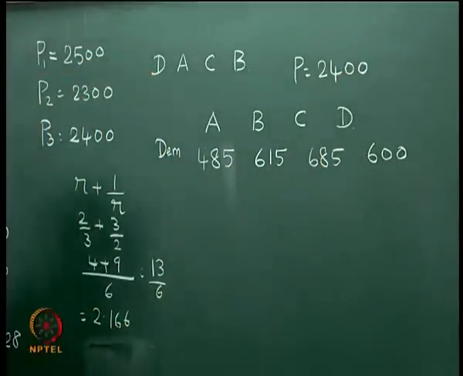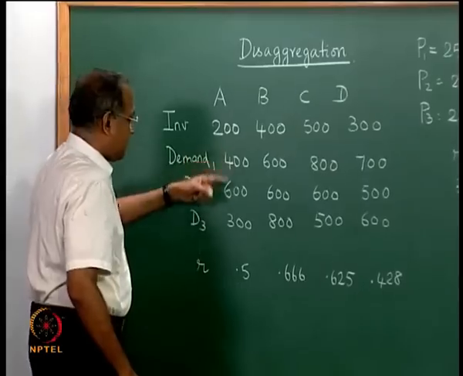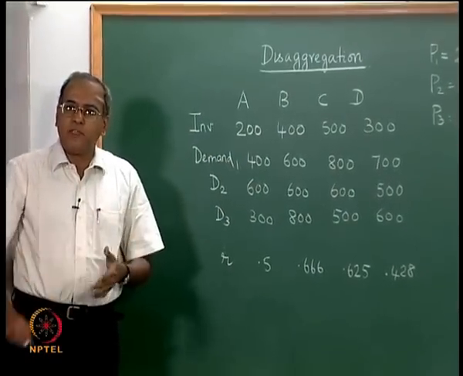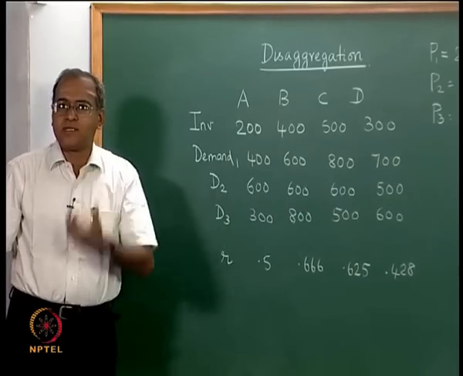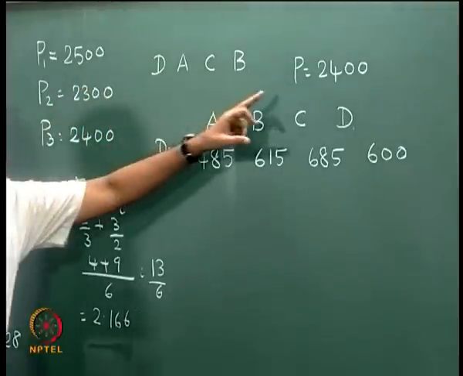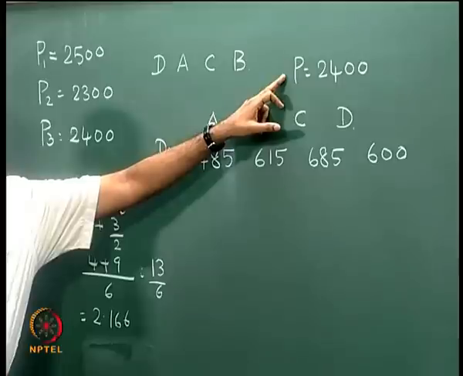So what we have effectively done here is to try and find out what is the equivalent demand or average demand per period if we consider 2.166 periods. Now the production also has been subsequently averaged for 2.166 periods.